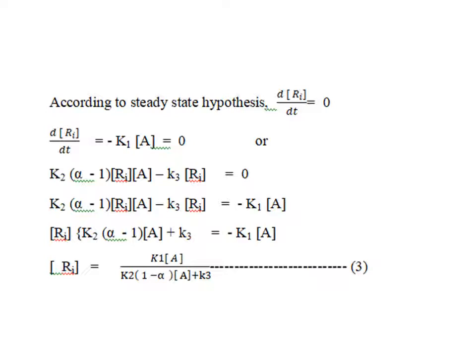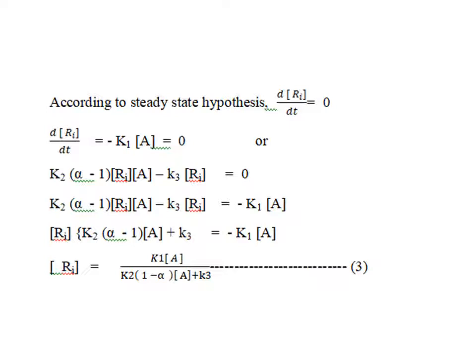Now, repeating these equations, K2 into alpha minus 1 Ri into A concentration minus K3 Ri concentration is equal to minus K1 into concentration of A. Now we rearrange this.